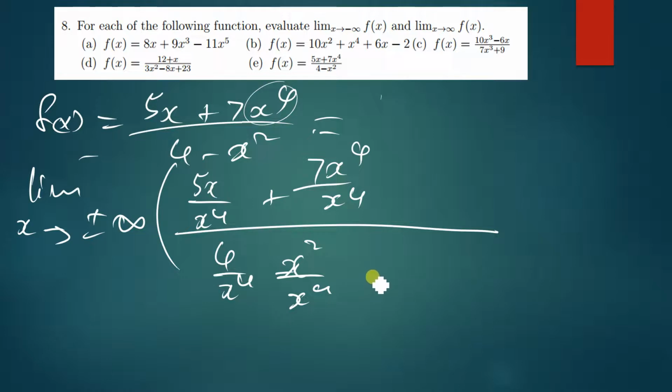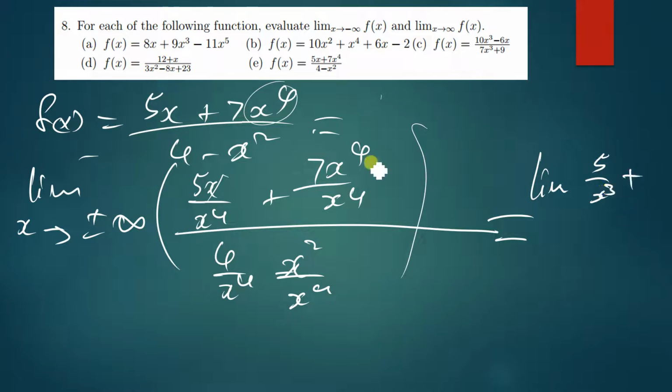Okay, it's already done. From there, when you simplify, you have 5 over x to the power 3 plus 7, everything as x approaches plus or minus infinity.